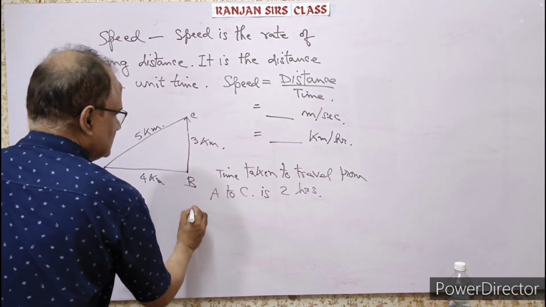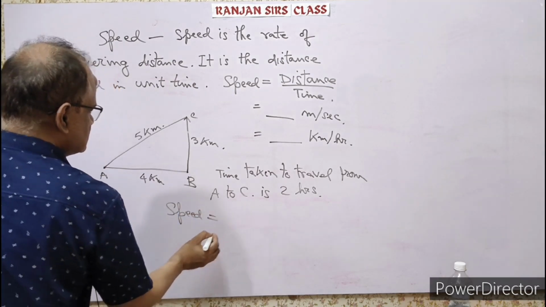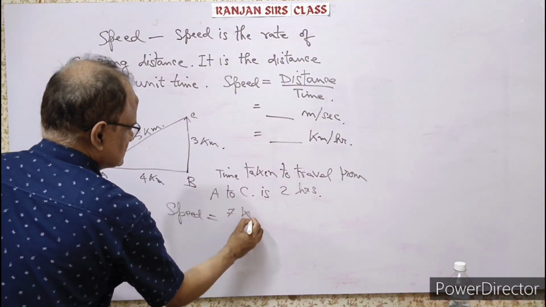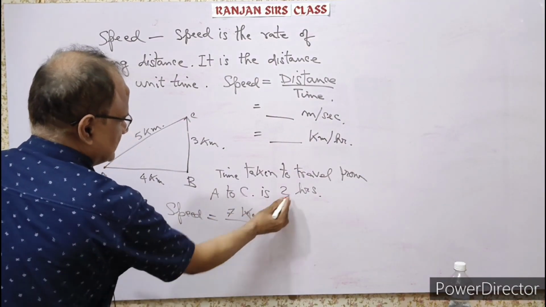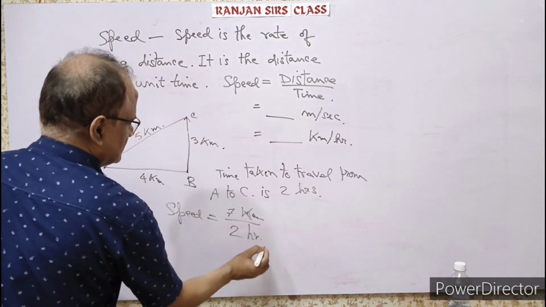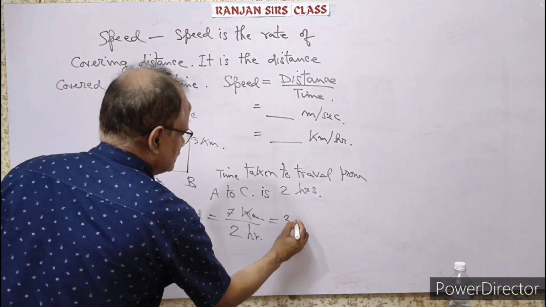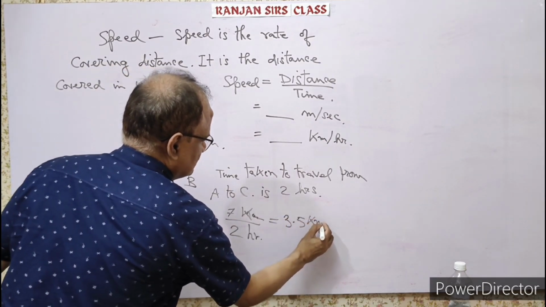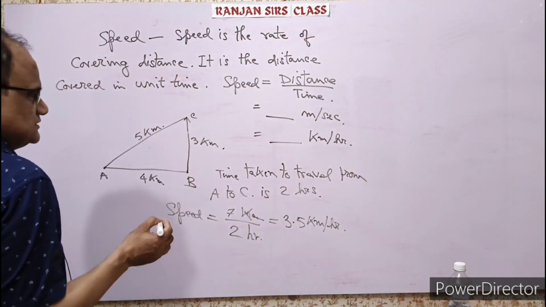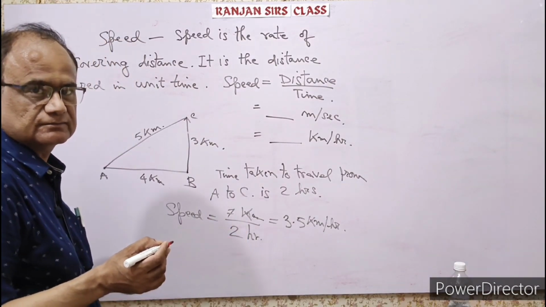Then what will be the speed? The speed will come out to be the total distance traveled, that is 4 kilometers plus 3, 7 kilometers, and the time taken is 2 hours. So it comes out to be 3.5 kilometers per hour. That is your speed. Hope you are understanding.